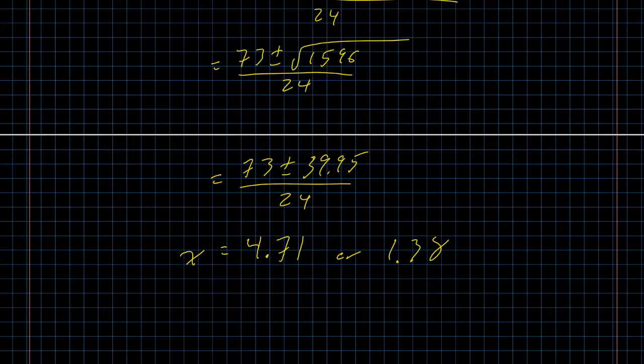If you go back to where we started on this whole process, we said that the value of x was going to be somewhere between 0 and 4.25, which means it's definitely not going to be 4.71. It is going to be this value, 1.38.